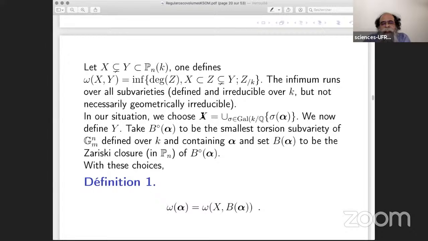And you can see that this omega, if alpha is just a point, is just a degree. In fact, it is just the degree of the point. So it gives you back Lehmer's problem precisely. Okay, so I won't comment on that. You have it on the slides.